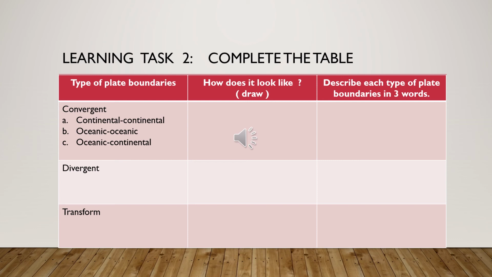Under the convergent, we have the continental, oceanic, and oceanic continental. In the second column, you are going to draw how it looks. And in the third column, you are going to describe each type of plate boundary in 3 words.